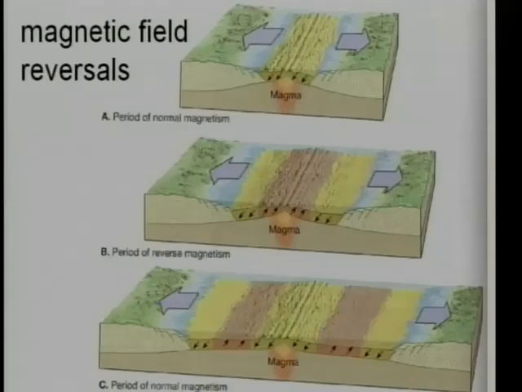Over time, the direction of magnetization in the Earth changes, so the next bit of rock to form will show the opposite magnetization. And you get this sort of conveyor belt of magnetization going in different directions as new seafloor is created. Well, in the creationist model, the same thing happens, but on short timescales.